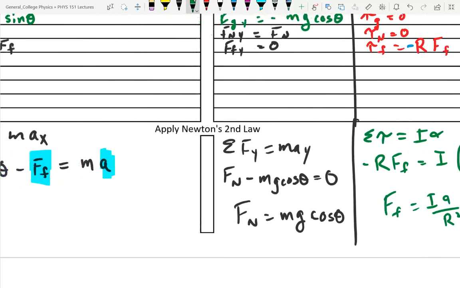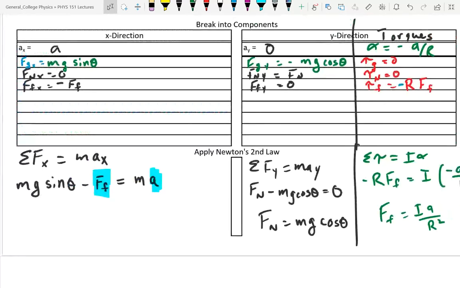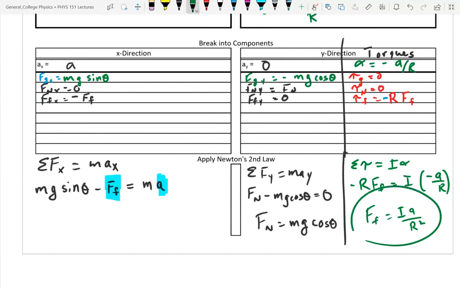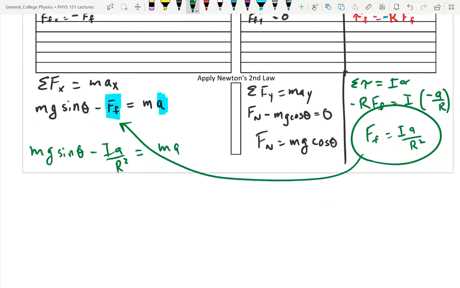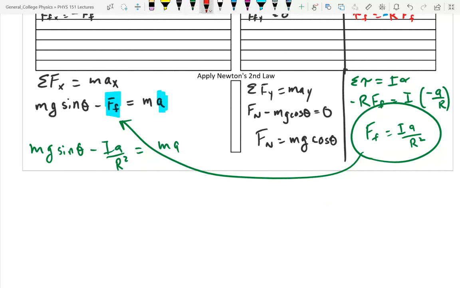Now I'm going to take this force of friction and substitute it right there. So I'm going to have... combine the A's together. Do that by just adding IA over R squared to both sides.